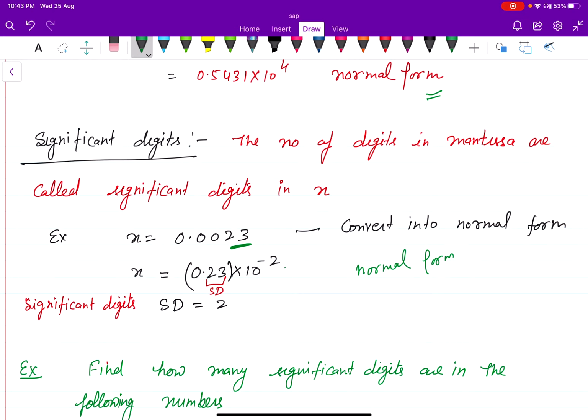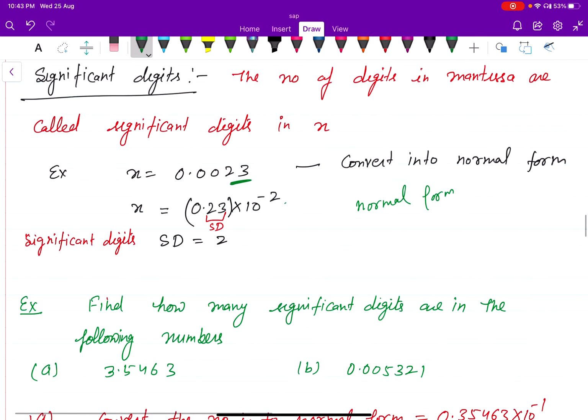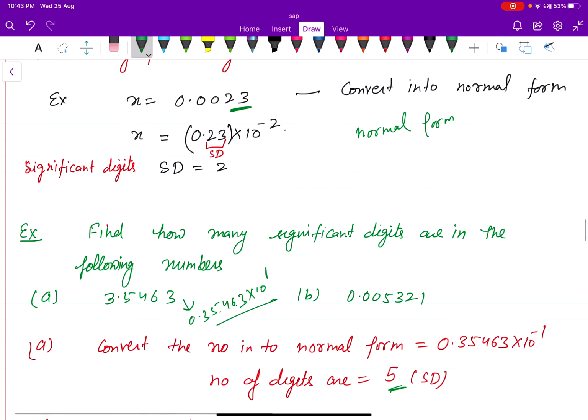Similarly, let's do some questions based on significant digits. How many significant digits are in the number 3.5460? We will convert this number into 0.35460 into 10 to the power 1. So 1, 2, 3, 4, 5. There are 5 digits. Similarly, in this question, we write this number as 0.5321.